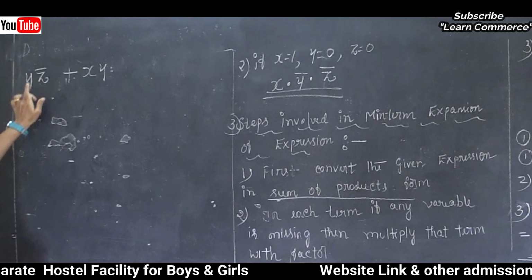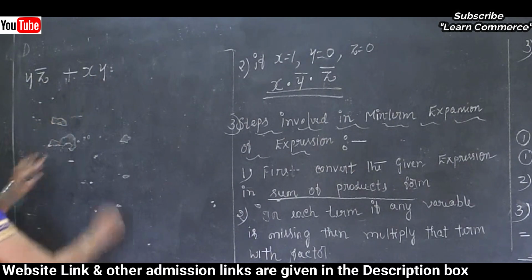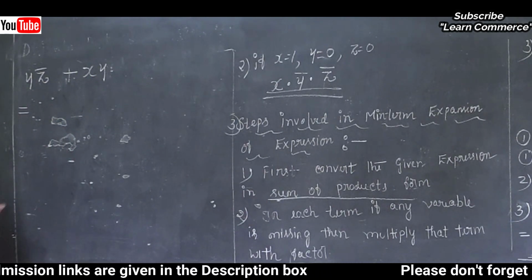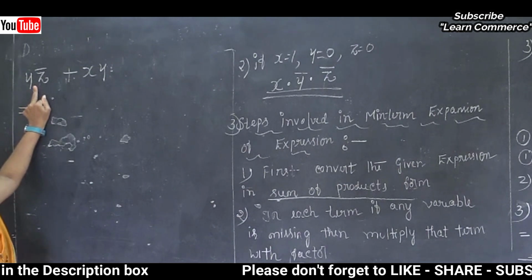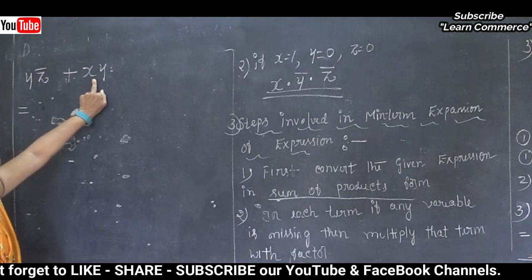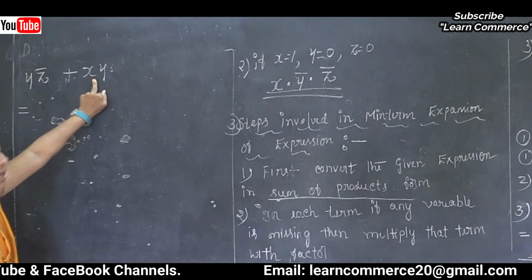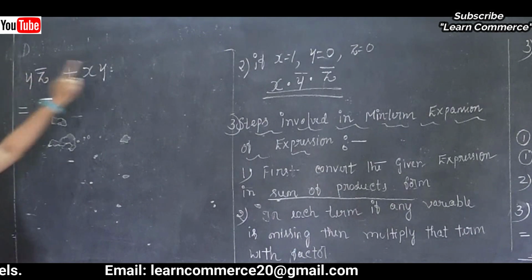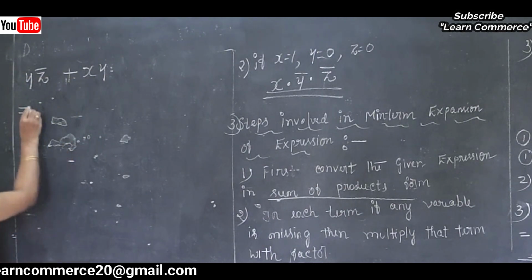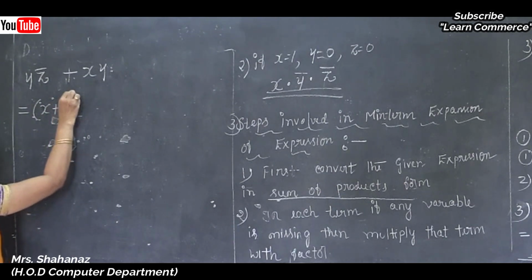Convert y and complement of z plus x and y. Now we know, which variable is missing? The x variable is not there. Correct? In the starting x is not there, and in the last term the z variable is not there. Clear this point here? So x is not there and here z is not there. So we are going to use x plus complement of x.